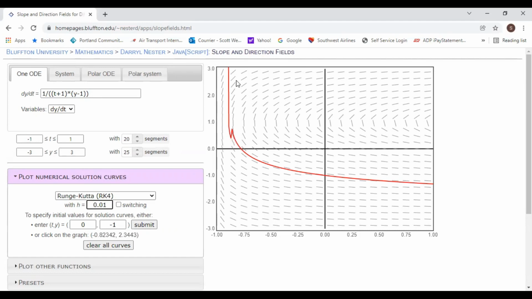It ends up spiking off in a weird way, and that just has to do with the fact that natural logs, as you start plugging in something that becomes less and less friendly, give us farther and farther extreme numbers.